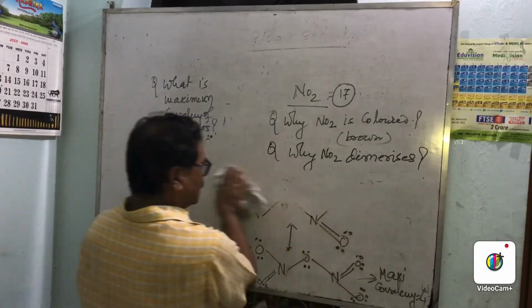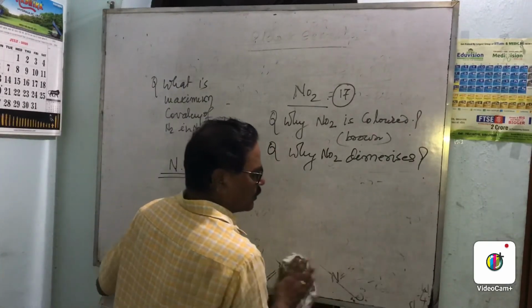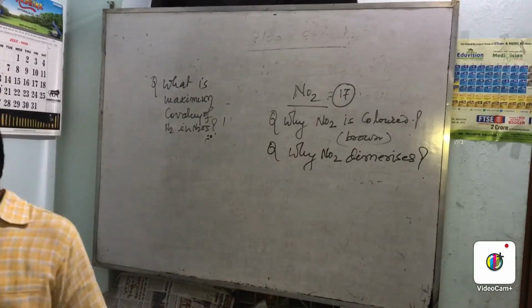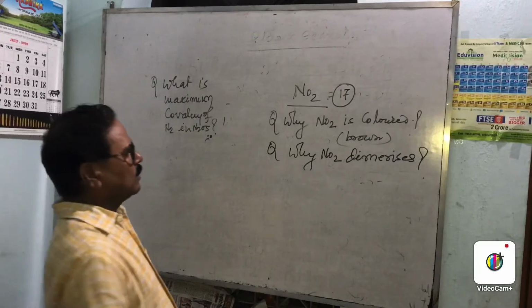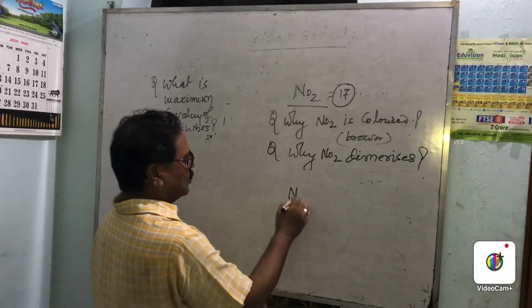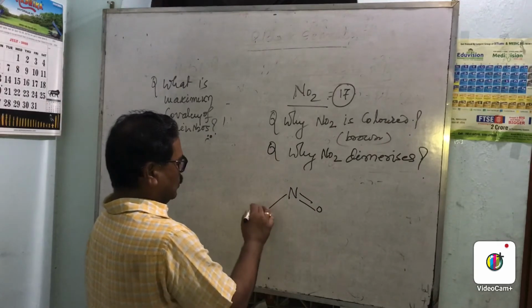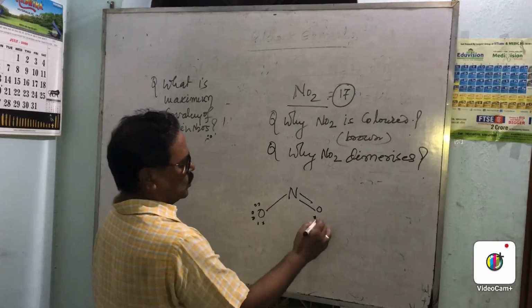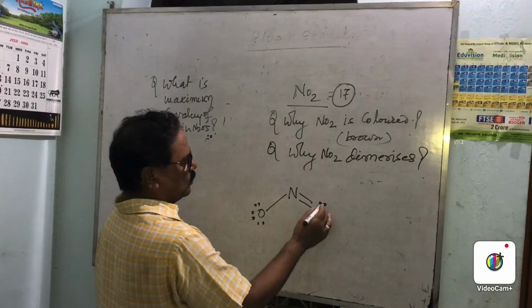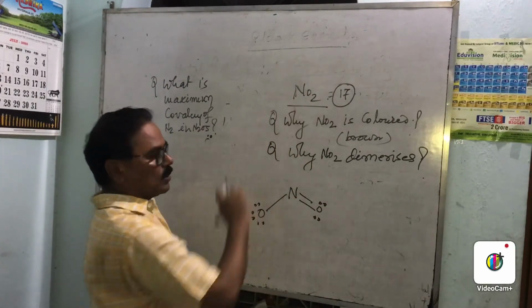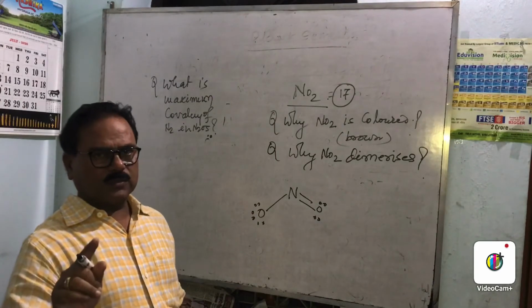Such questions can be answered if colored can be defined by seeing the odd number of electrons in the molecule. 17, if you write the resonating structure, 2, 4, 6, 8. And how many electrons are there? 17. That means 17 electrons are there.